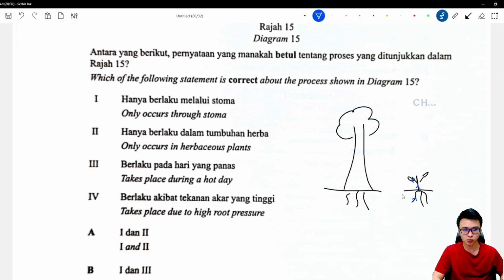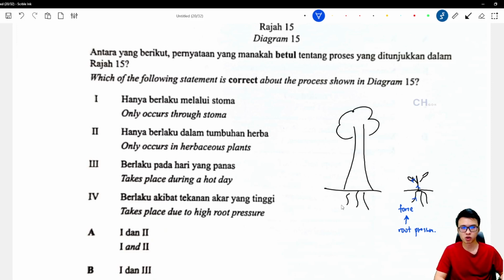If you want to push the water all the way to the leaf, you need a force. And this force comes from the root pressure. Root pressure is a very weak force that is able to push the water to the leaf in a short plant.